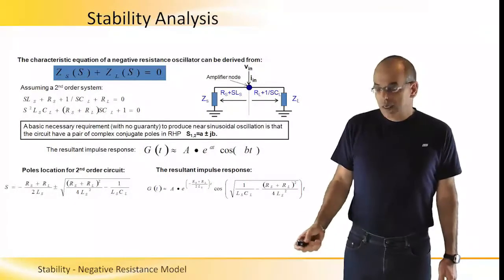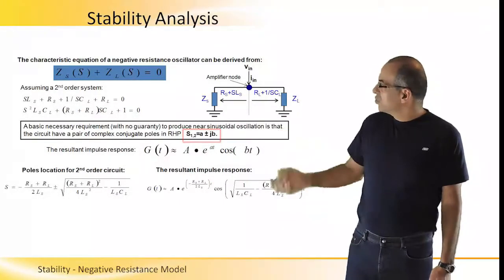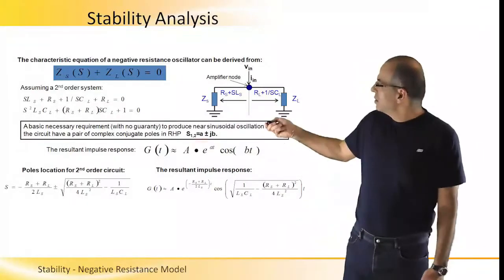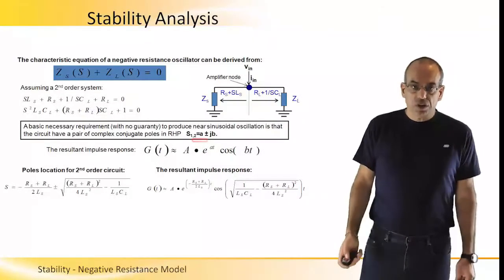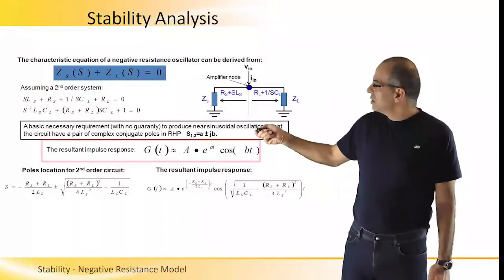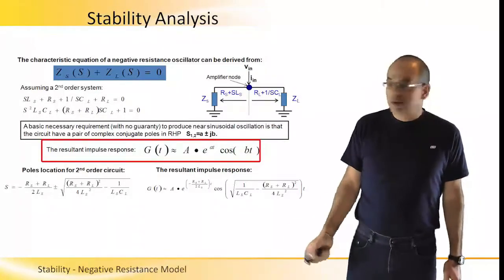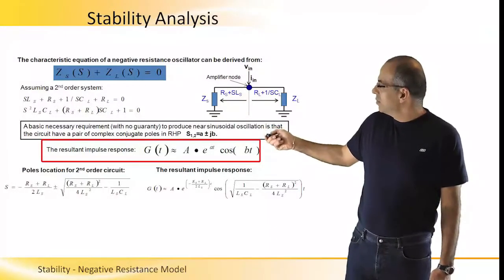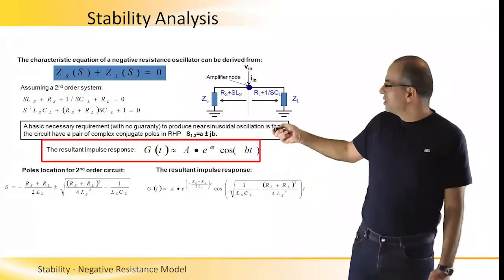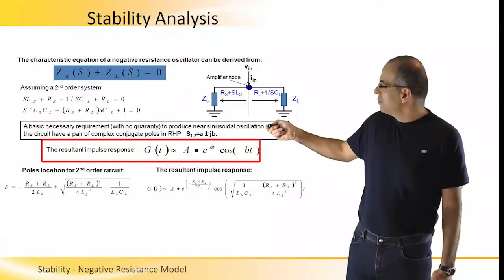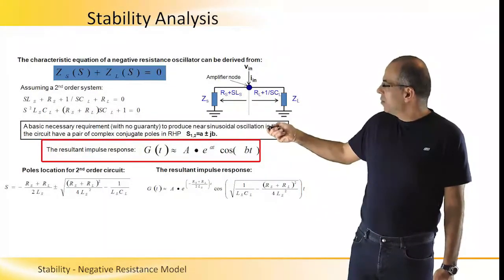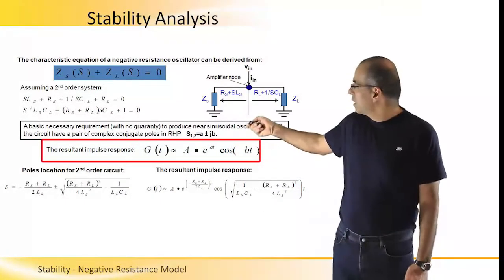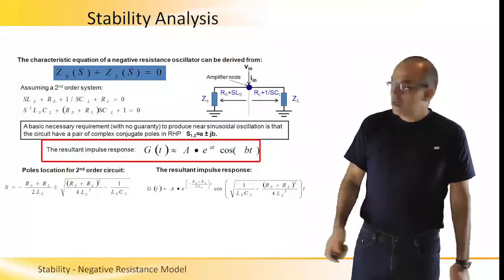If we have such roots and A is positive, the resultant impulse response g(t) will be of the form e to the power of AT, where T is the time and A is this factor right here, multiplied by cosine of B times the time.